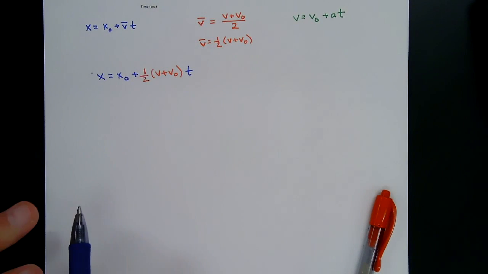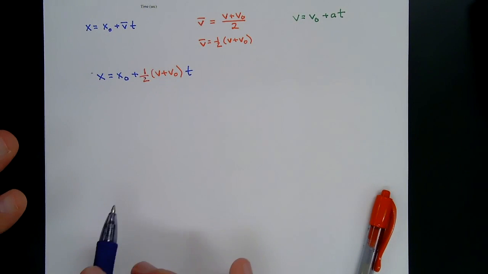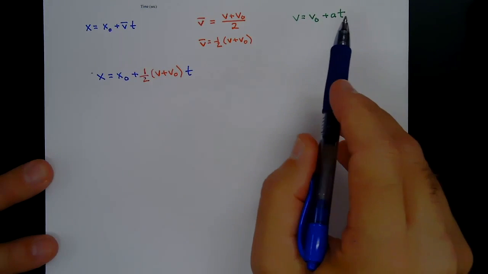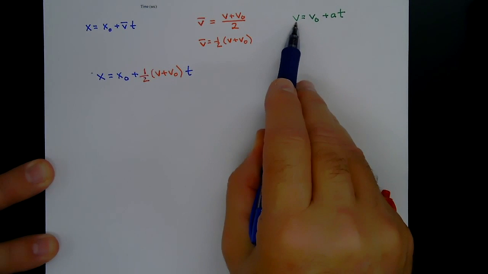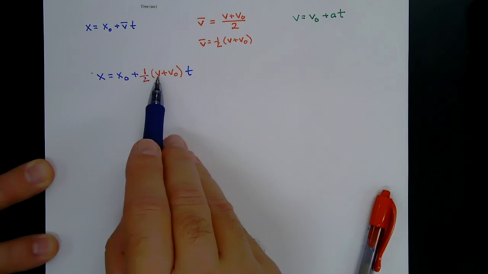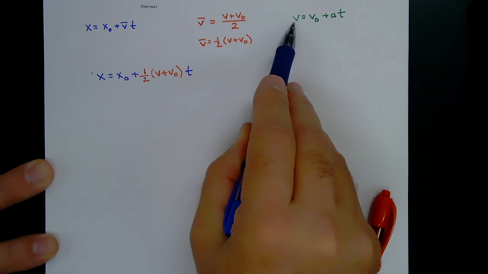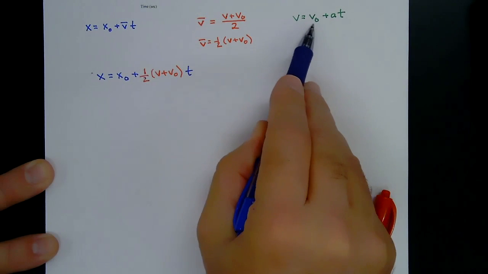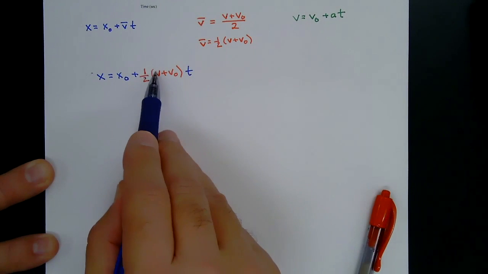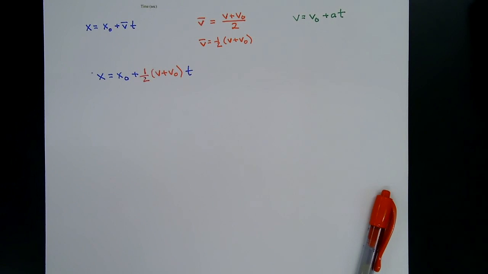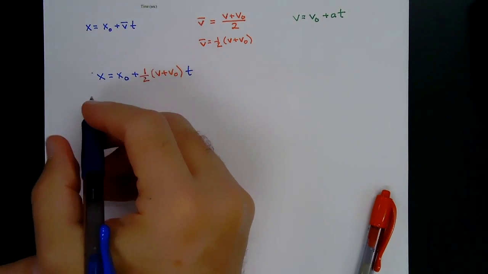All right, so now I can do another substitution, because right here I know what V is. This V right here is my final velocity, and that's also the final velocity. So this allows me to replace this V right here with V sub o plus AT. So here we go with all the colors.